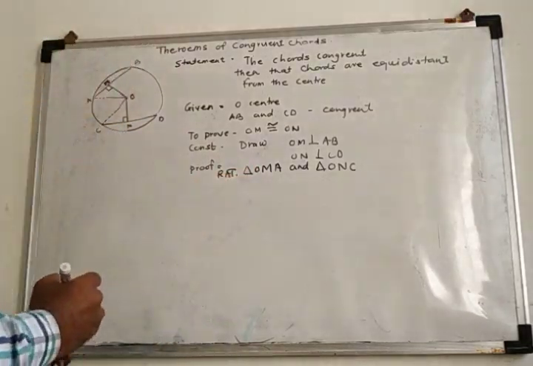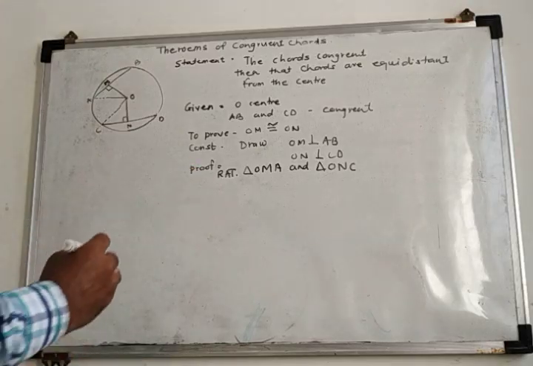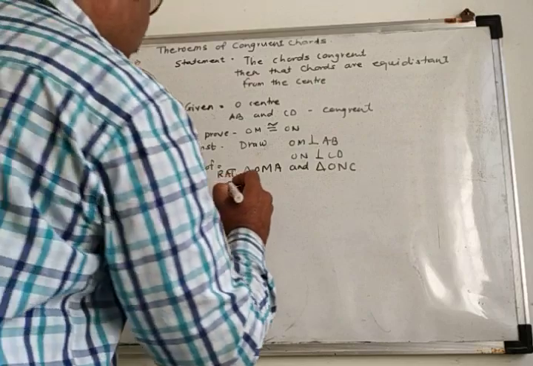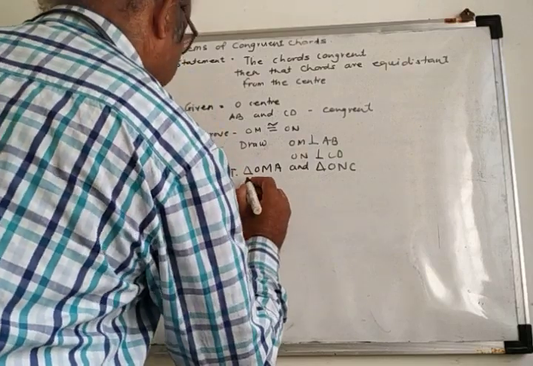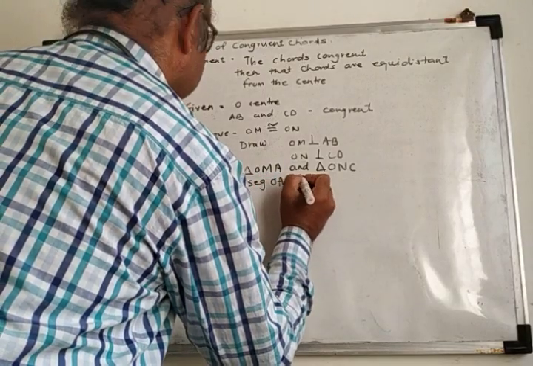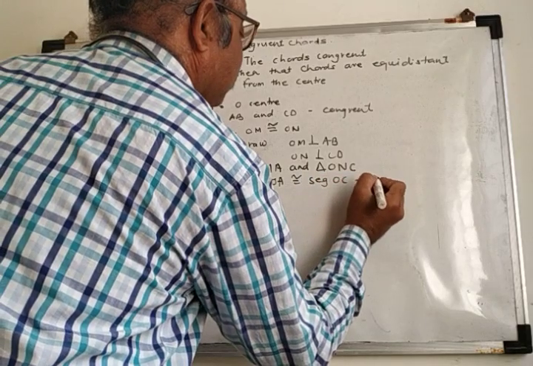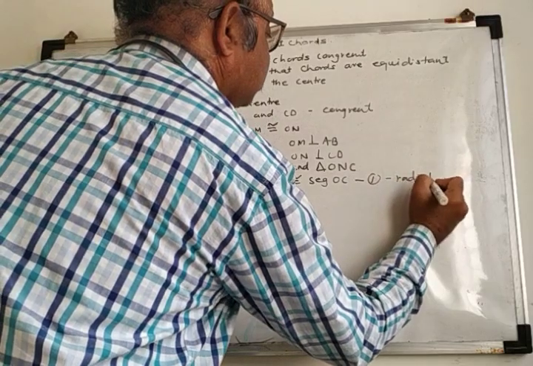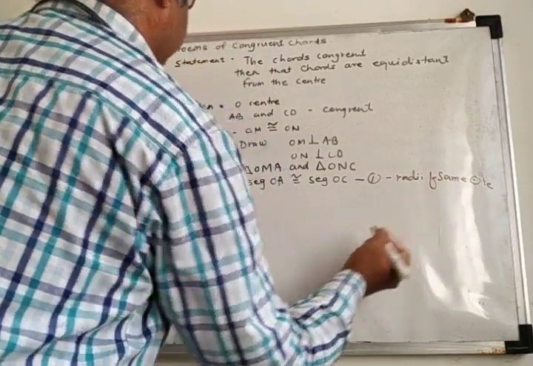Here we have to prove these two triangles congruent, and I will show you how. The first part is very simple: segment OA is congruent to segment OC. The reason is that they are radii of the same circle, as we have shown earlier.